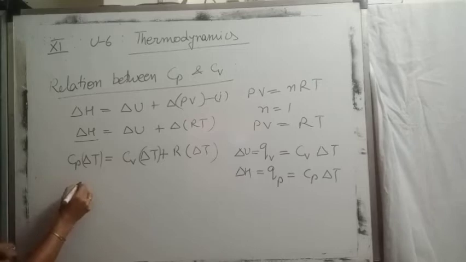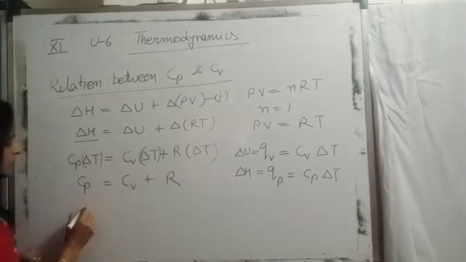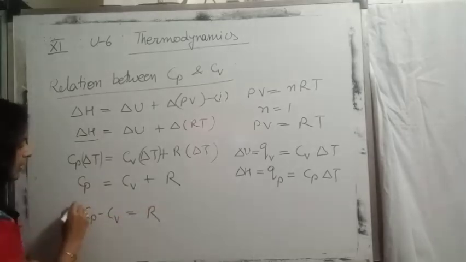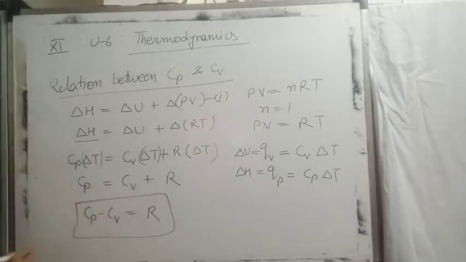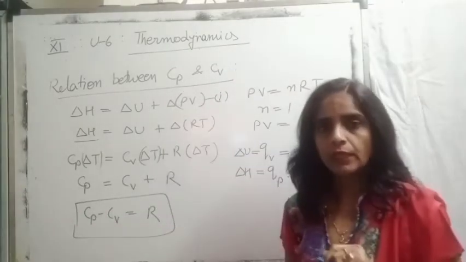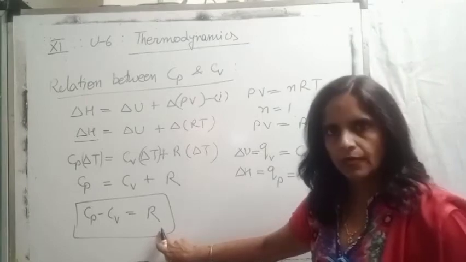So we are left with Cp equals Cv plus R, or Cp minus Cv equals R. This is the relationship between Cp and Cv. From here it is clear that Cp is greater than Cv, and by what factor? Equal to the value of R.